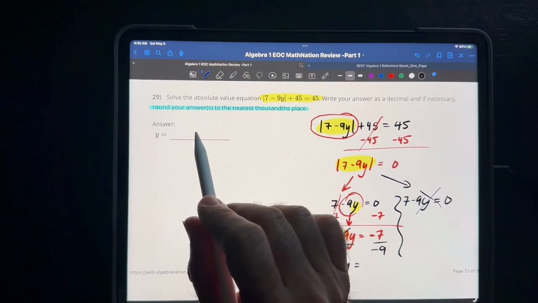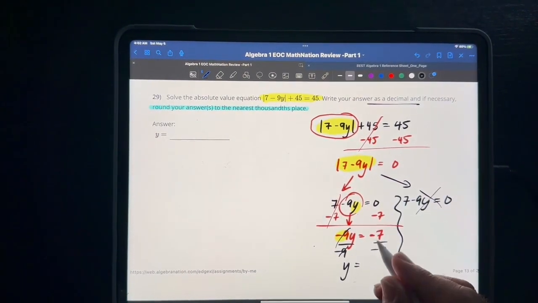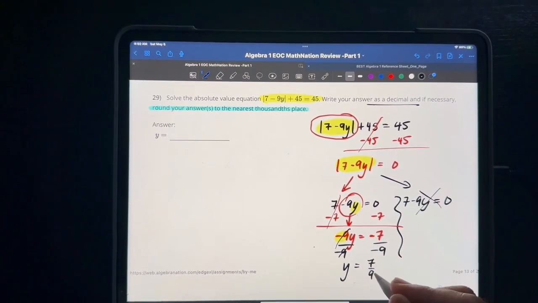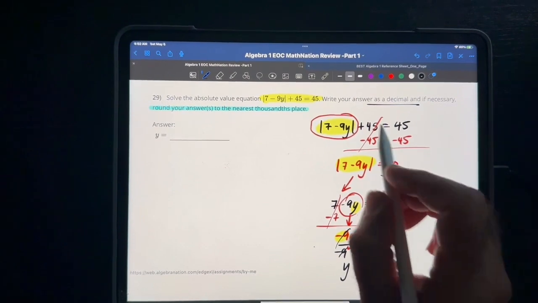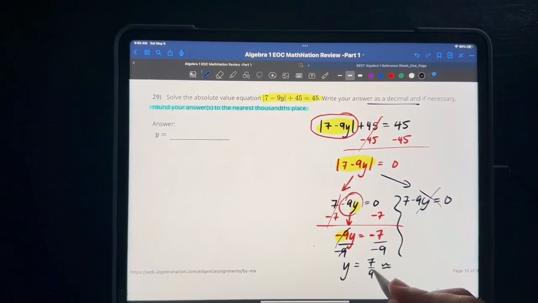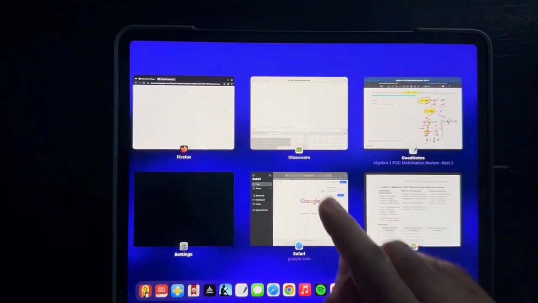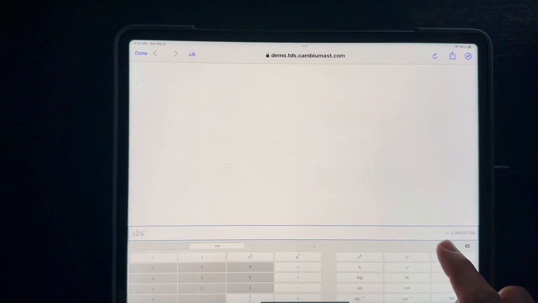Now, since they say write your answer as a decimal, normally you would leave your answer as a fraction. So this work, negative over negative, you get 7 over 9. So normally you'd leave your answer as a fraction. But they're telling you write your answer as a decimal. So you need to put this in your calculator, 7 divided by 9. Okay, so let's jump to our calculator. Let's clear this out.